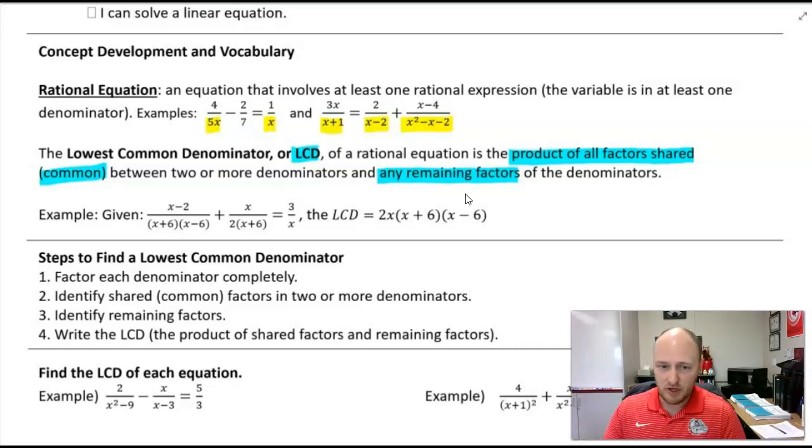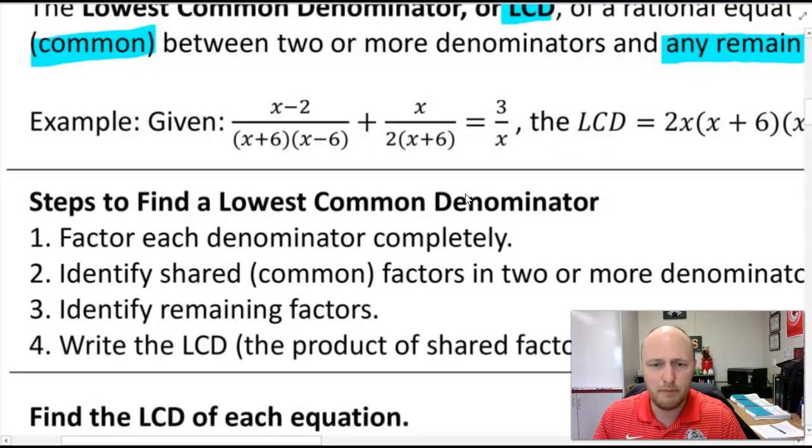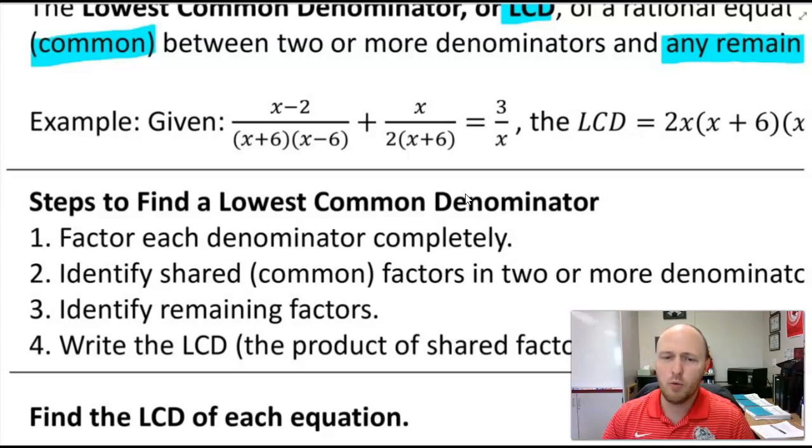I'll give you an example here. Here we have (x minus 2) over (x plus 6)(x minus 6) plus x over 2 times (x plus 6) equals 3 over x. If we want to find the lowest common denominator, we're going to have to find what is a shared factor. Notice how they have an x plus 6 that is shared.